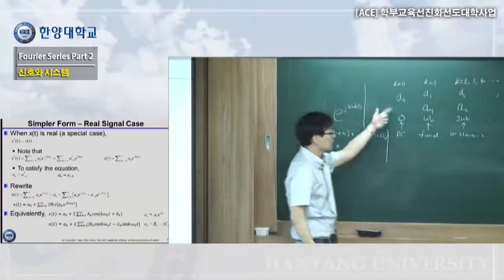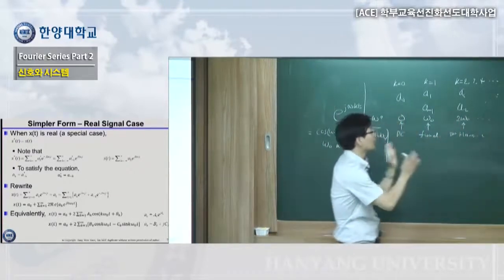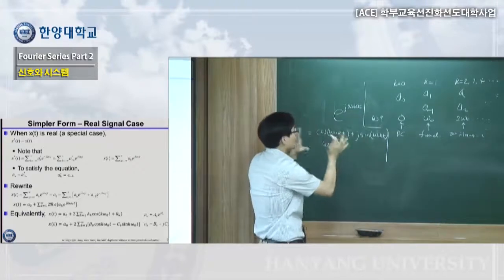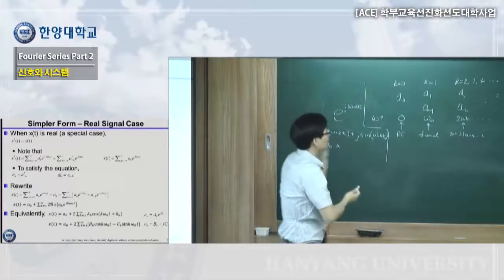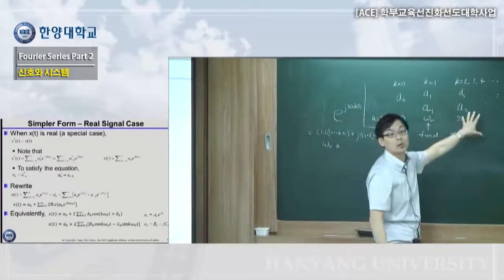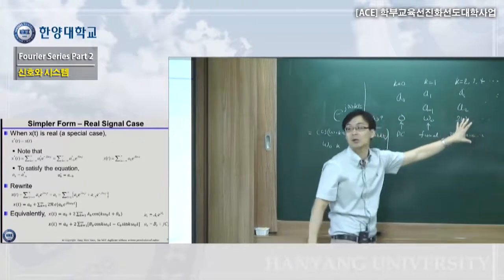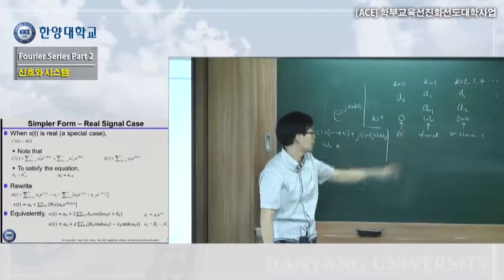So DC, fundamental frequency, and second, third, fourth harmonics. We have a periodic signal, and we can divide it into DC, fundamental frequency, and high frequency components, having sine or cosine waves. That's the basic of the Fourier series.